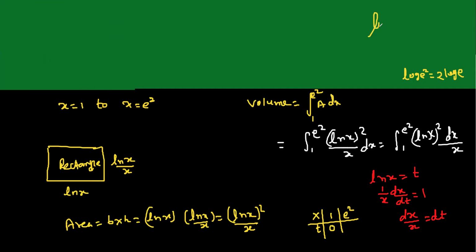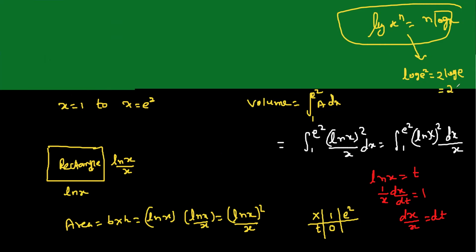Because there is a property: log x raised to n is n log x. So log e square becomes 2 log e, and log e is 1. So here you will get 2, right? It means that in the place of 1 put 0, and in the place of e square put 2.